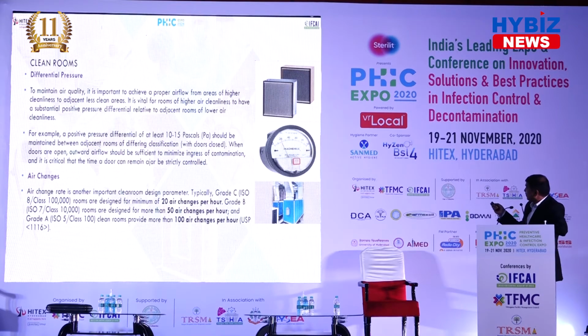And these are the components: the center one is the Magnehelic gauge, which measures the differential pressure, the top one is the high efficiency filter, the HEPA filter, and this is the AHU duct.